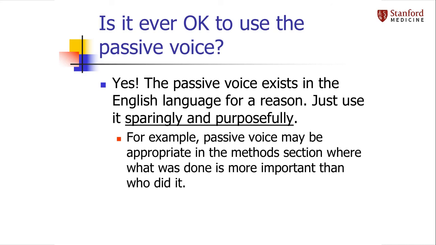One section in particular where I tell students that it's fine to use the passive voice is the methods section of a paper. In the methods section, what was done, the recipient of the verb, is more important than who did it. So the passive voice actually works well here because it emphasizes the what was done part. Also, in the methods section, it's usually not the most exciting prose in the paper.